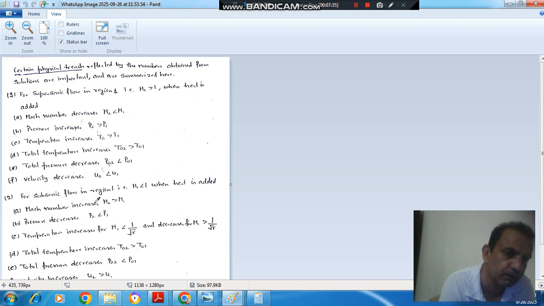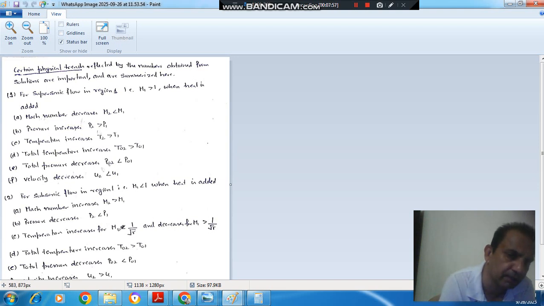For subsonic flow in region 1, M1 is less than 1, when heat is added: A, Mach number increases, M2 is greater than M1. B, pressure decreases, P2 is less than P1. C, temperature increases for M1 less than 1 by root gamma and decreases for M1 greater than 1 by root gamma. 1 by root gamma is approximately 0.84.